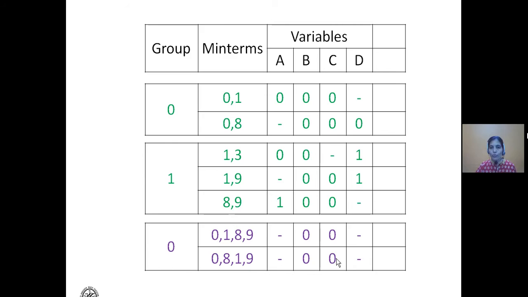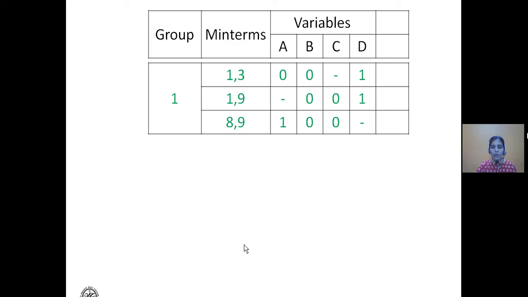So a dash is put over here and B and C are 0, 0. Now, if we look at the min terms which have been formed, in the first comparison we had a group of 0, 1, 8, 9. And in the second comparison, we obtained 0, 8, 1, 9. But the min terms are the same. That means it represents the same group of 4 ones.